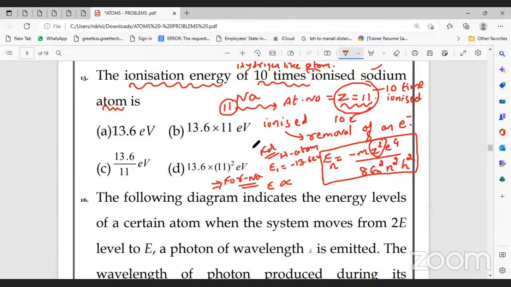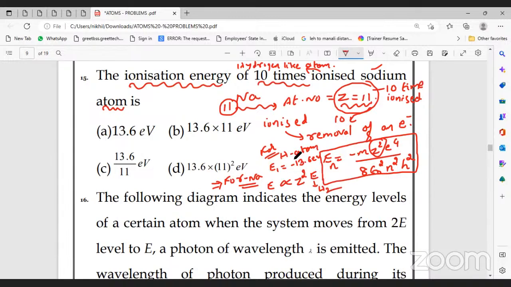So for sodium, 10 times ionized, it is a hydrogen-like atom. Energy is directly proportional to Z squared. You can take Z squared times the energy in the hydrogen atom.